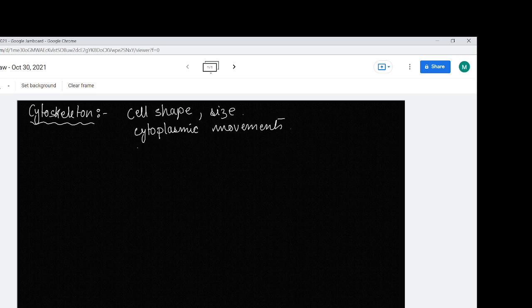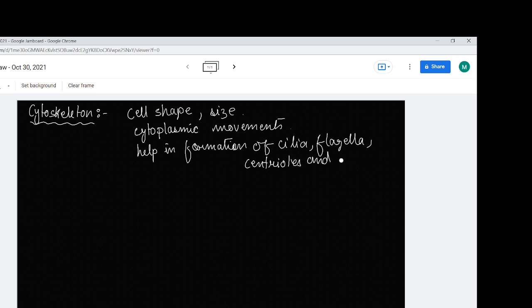They will help in formation of cilia, flagella, centrioles, and spindle fiber.